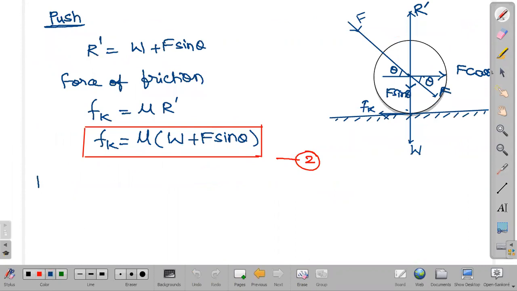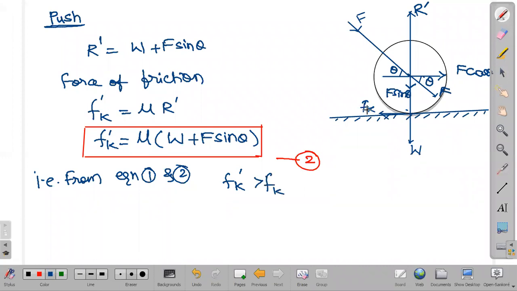From equation 1 and 2, we can write that in equation 2, Fk is greater. So let me take this as F dash k, which is greater as compared to Fk.